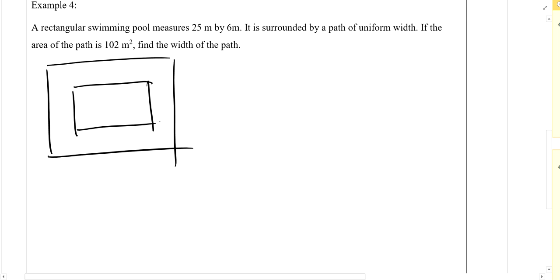The pool measures 25 by 6. Area of the path is 102 square meters. Find the width of the path. So this portion will be our W, W, W, and W.